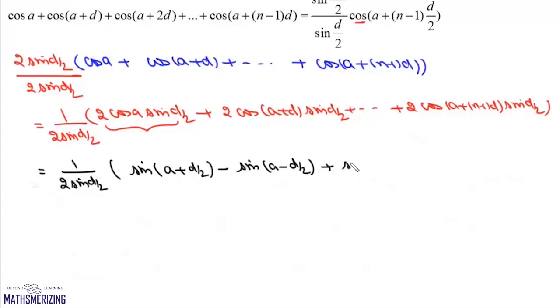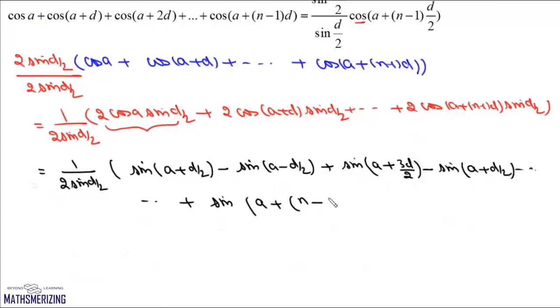Second one will be sine A plus 3d by 2 minus sine A plus d by 2, and this series will continue, and finally we'll get sine A plus n minus 1 by 2d minus sine A plus n minus 3 by 2d.